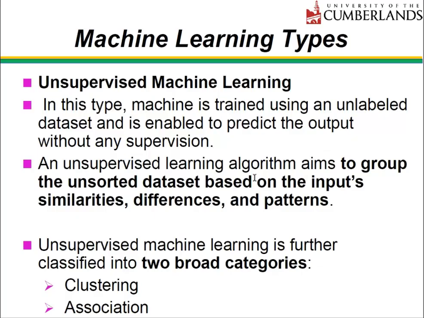So unsupervised machine learning is broken into two categories. You have clustering algorithms, which essentially group similar data points together. And the most famous methods are k-means clustering, fuzzy c-means clustering, Gaussian mixture models, and so on. These are all clustering techniques.